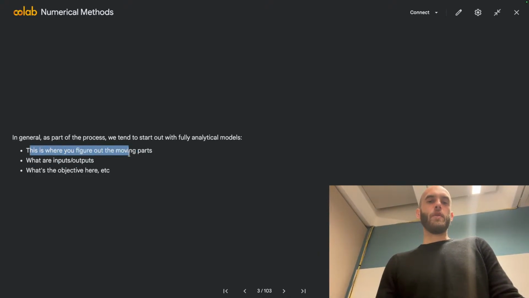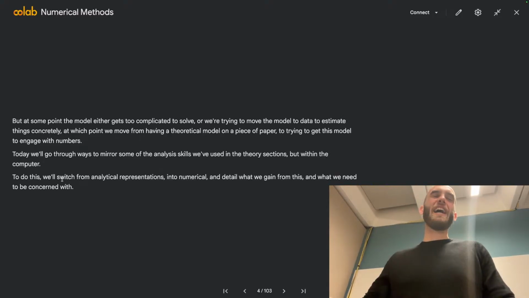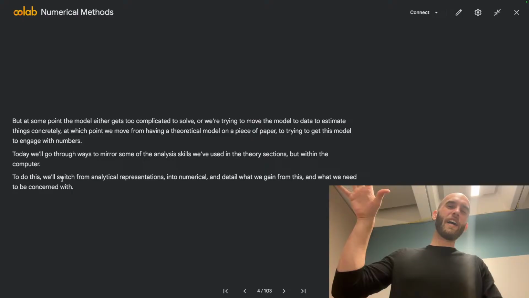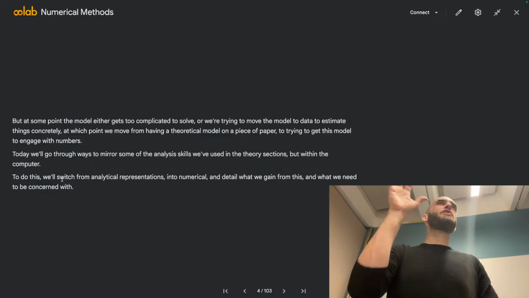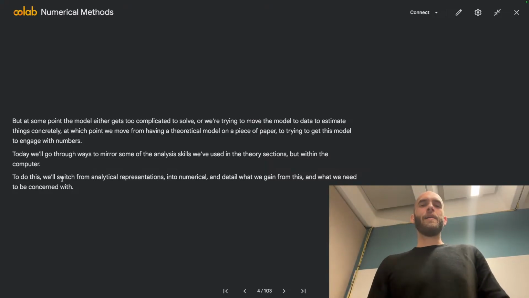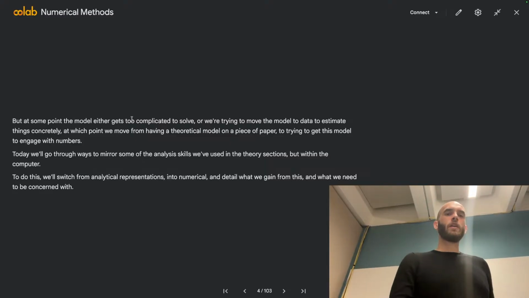The theory is how you structure your thought to think about the different variables, defining the inputs and outputs and the objective function, which we've talked a little about with the capstone project and how you might do that. These are a great place to start, but often solving them is really challenging. And sometimes it's not even worth attempting to solve.